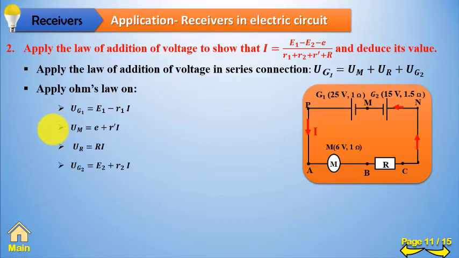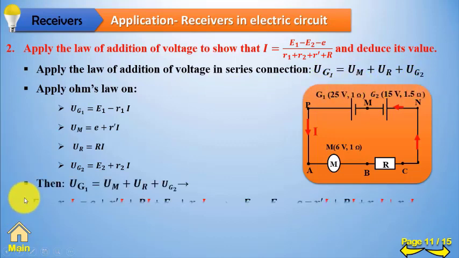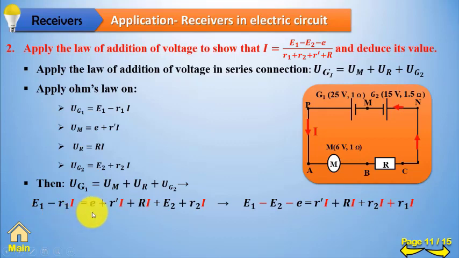UG2 is equal to E2 plus R2I, since G2 in this case acts as a receiver. Now substitute in the previous formula, which gives us E1 minus R1I is equal to E plus R prime I plus RI plus E2 plus R2I.